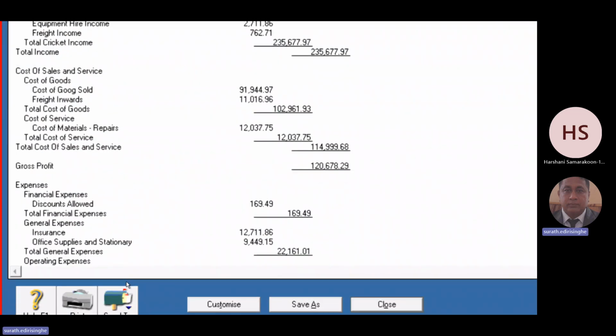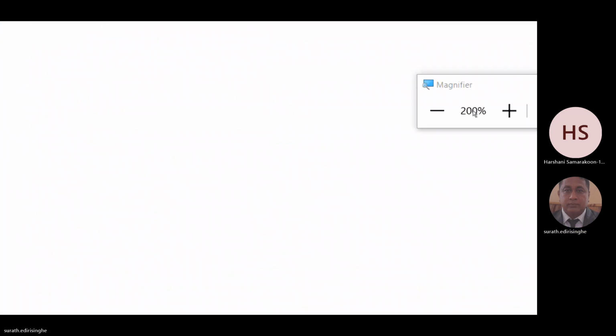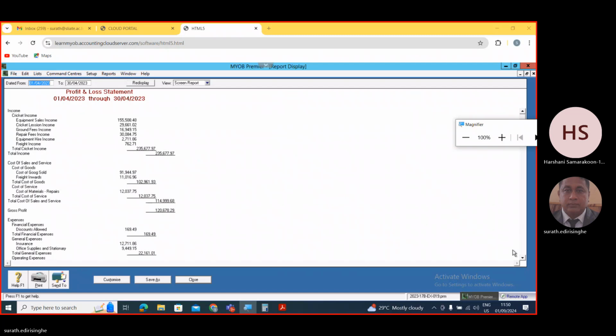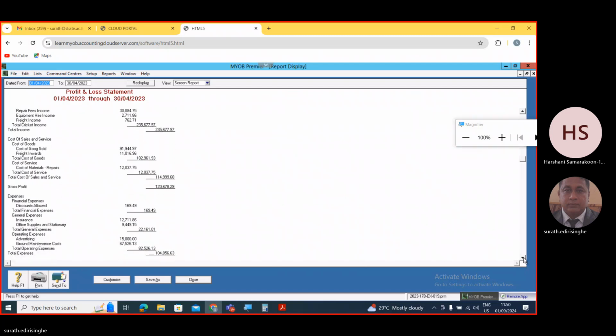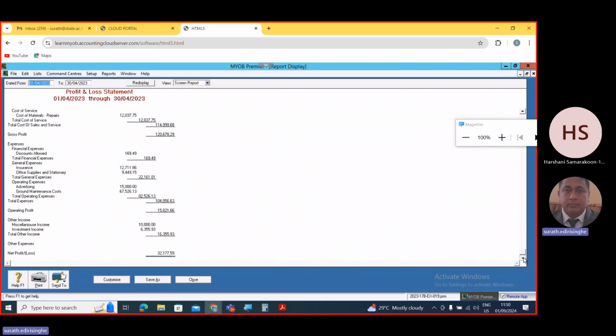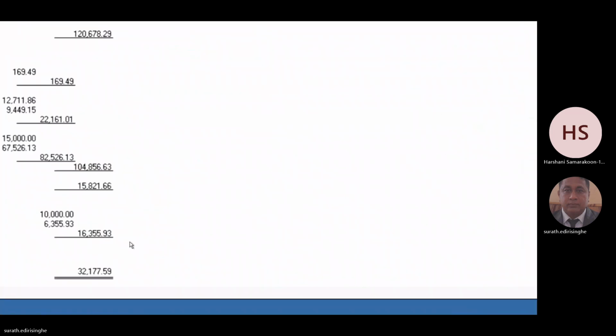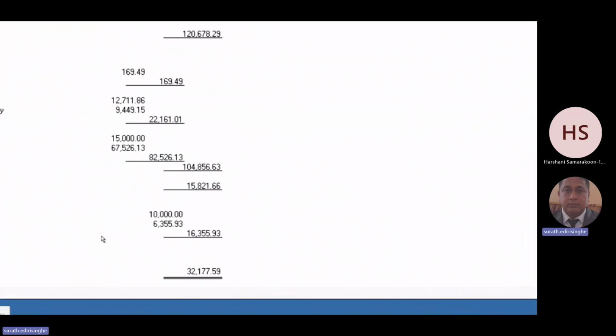Cumulative portion under the income. Now, okay. 6,000. Got my point?